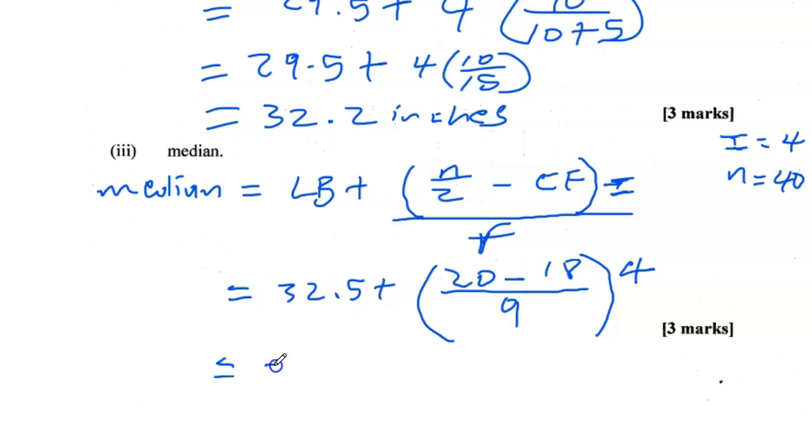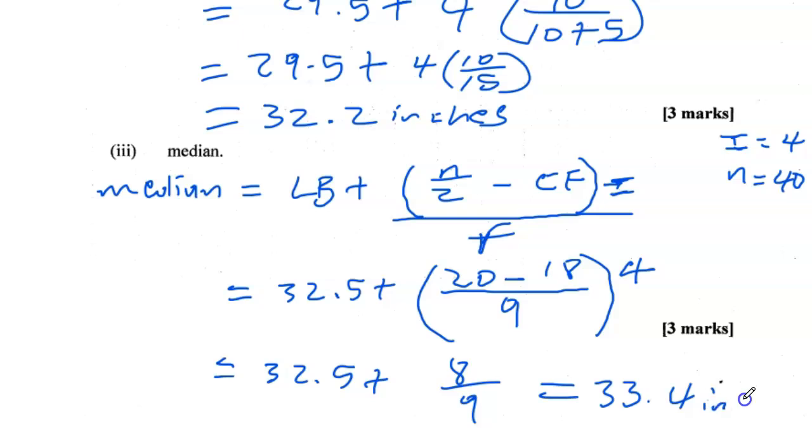So we end up with 32.5 plus 2 over 9 times 4, 32.5 plus 8 over 9. And that will give us, let's work this out on a calculator, and I'm getting, using 1 decimal place, 33.4 inches.